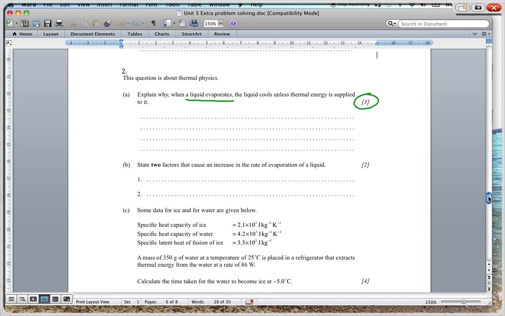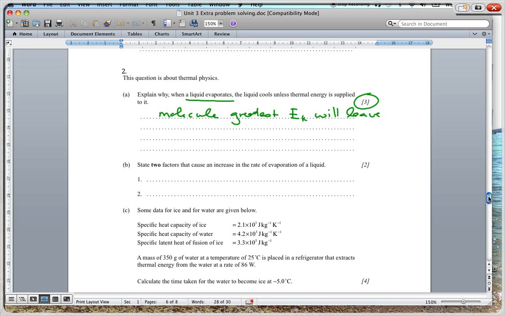So in evaporation, the molecules with the greatest kinetic energy, EK, will leave.